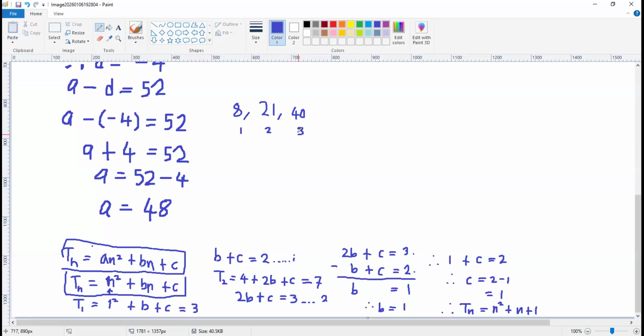Between 8 and 21, we have 13. Between 21 and 40, you have 19, right? Plus 2 plus 1 is 3, plus 1, 4. This is a tough one now.